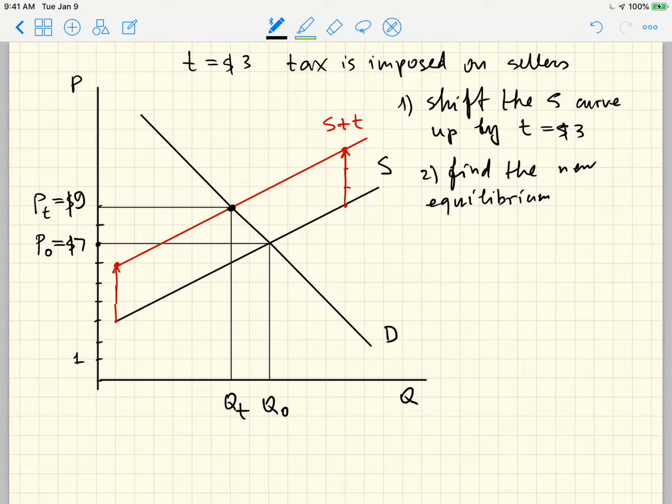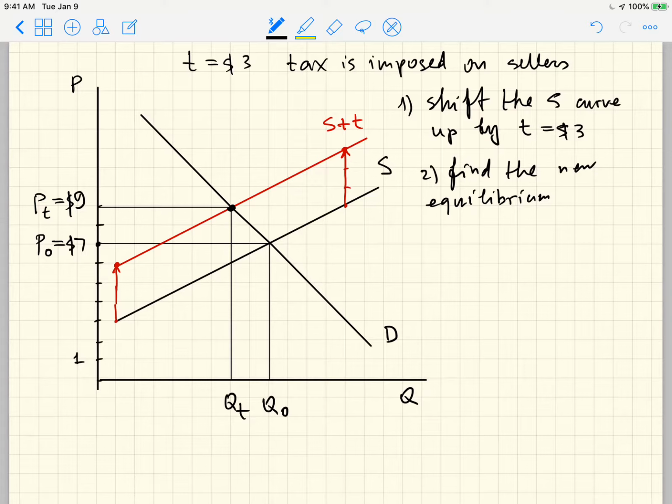I think it's pretty straightforward to find it, but one important observation we need to make right away and never forget about it. The thing is that the new equilibrium price is not simply the initial price plus tax, because if it was that, it would be 7 plus 3, 10.